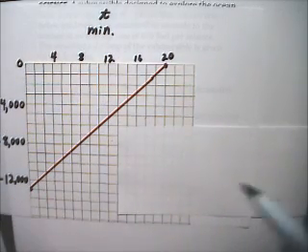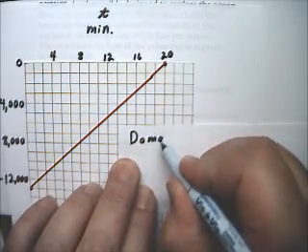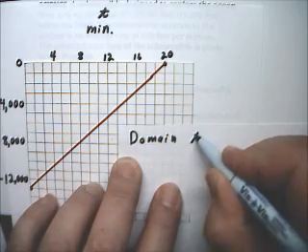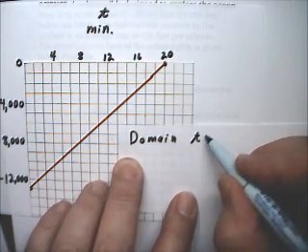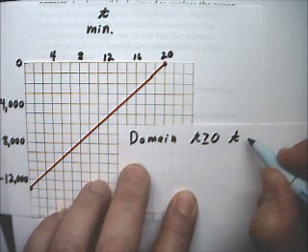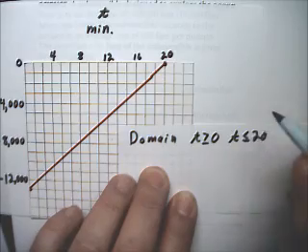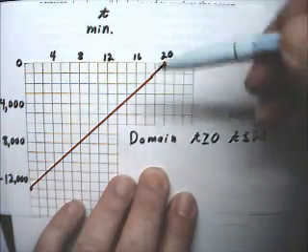So the domain is t is greater than or equal to 0, and t is less than or equal to 20. See, it goes from 0 to 20.